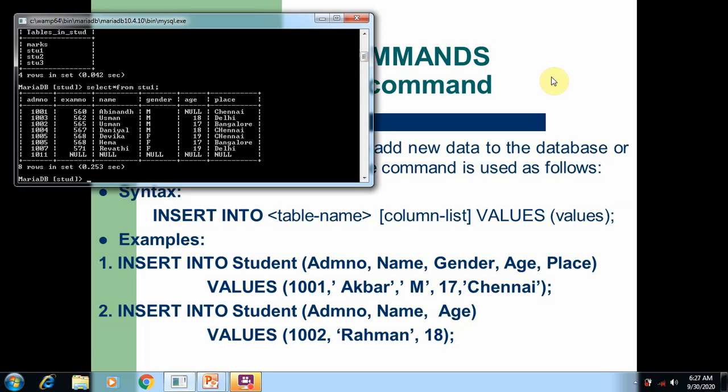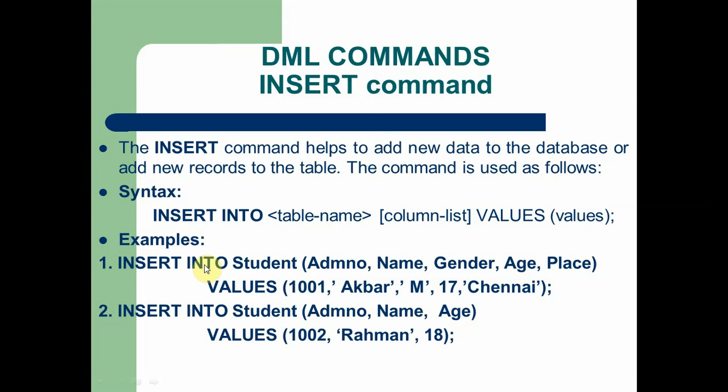First, use the insert command. How can we use the insert command? Simply, the syntax is insert into table name, then give the column name list, and then use values. After values, give the values for the columns. In the example you can see insert into student, admin number, name, gender, age, place.